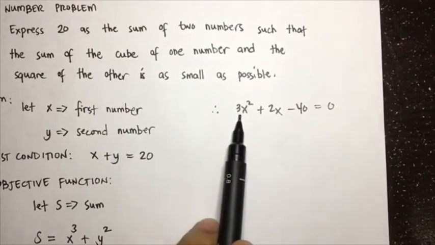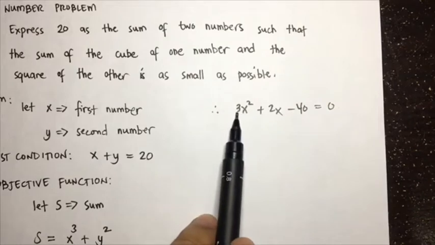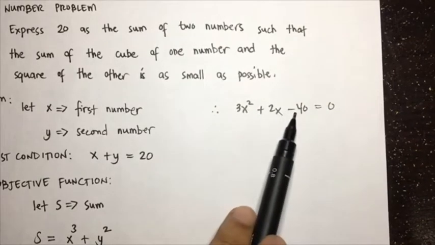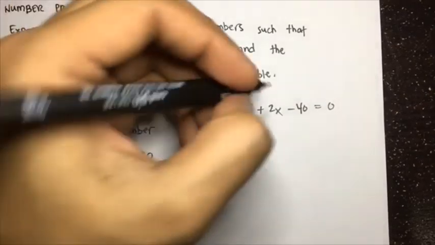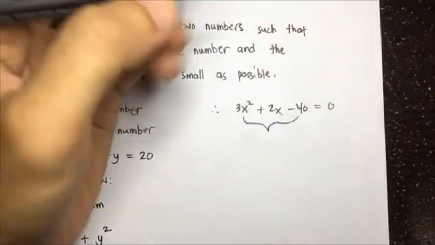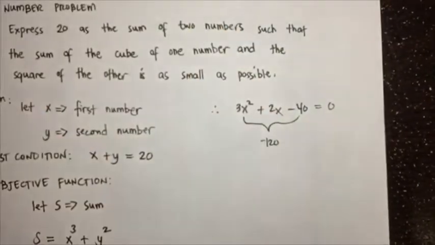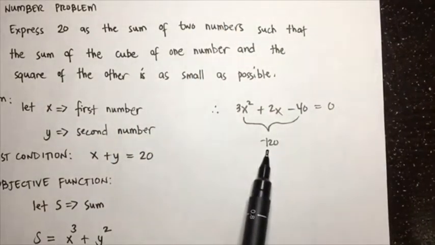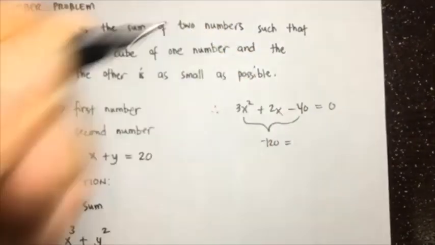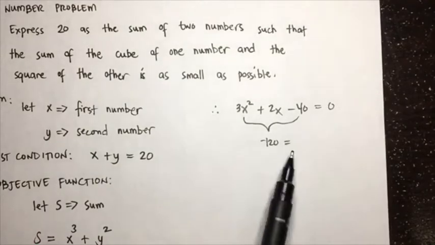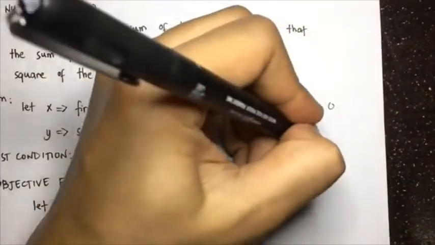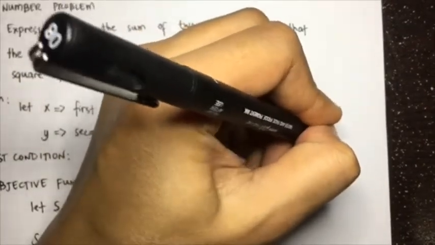We multiply the coefficient of the first term with the last term, so 3 times negative 40, that is negative 120. Factor negative 120 such that the sum of the factors is positive 2. So it could be negative 10 times 12.